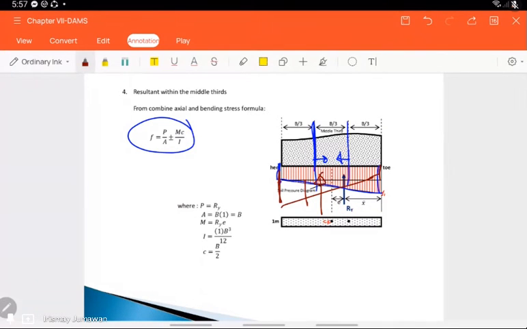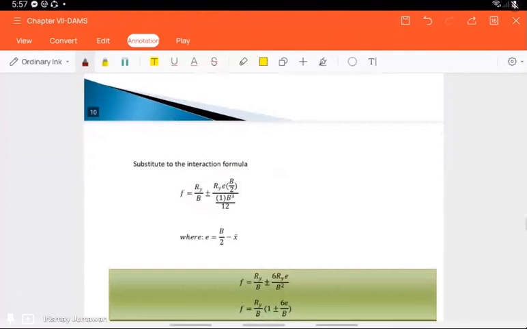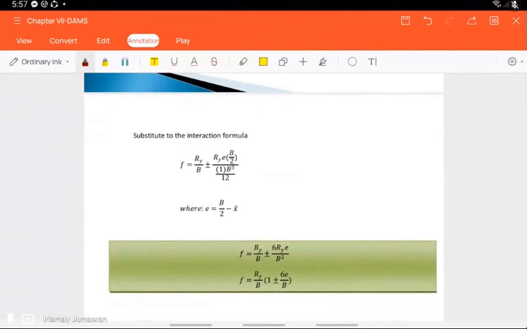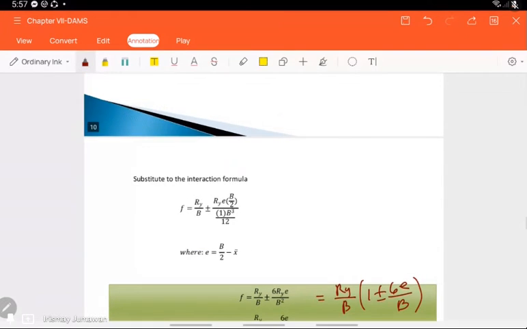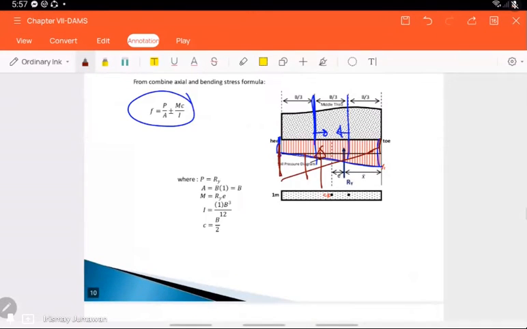So this changes your distribution. So we have here the formula for your stress. You can say that this will be equal to Ry over A, plus and minus 6M over B squared. Plus, if it is here, this is positive.